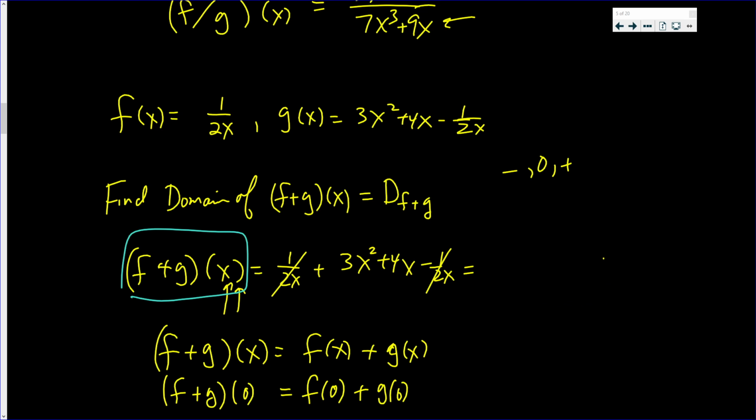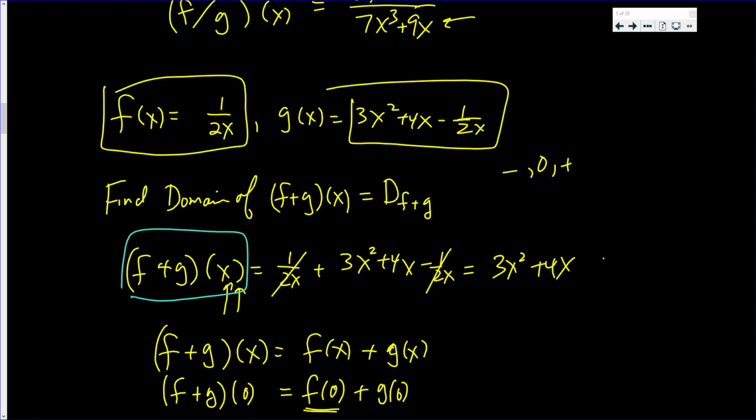And the reason why is you cannot find f of 0. 1 over 2 times 0, 1 over 0, nonsense. That's nonsense. You can't find f of 0.